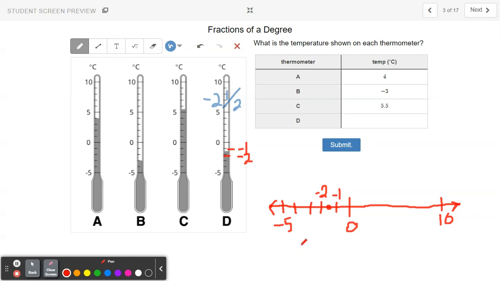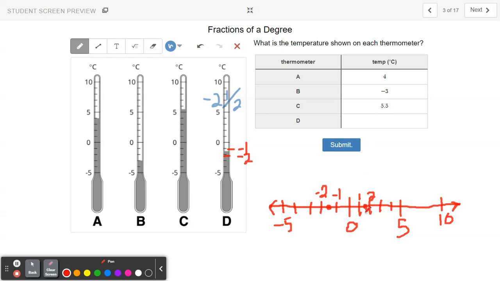So here's where it gets tricky. If I were to ask you, oh, what's between 1 and 2? So I'll even put this out here. What's exactly between 1 and 2? The numbers 1 and 2. So if this is +1 and this is +2, what's exactly in the middle of those two?